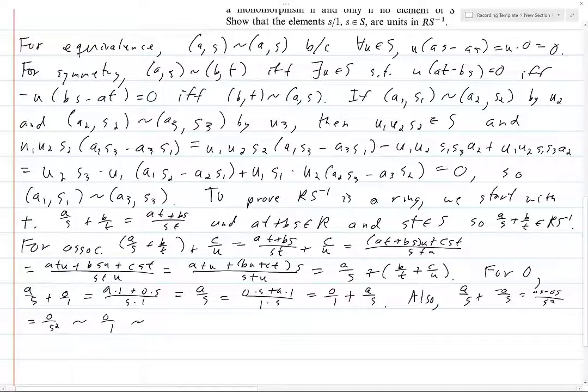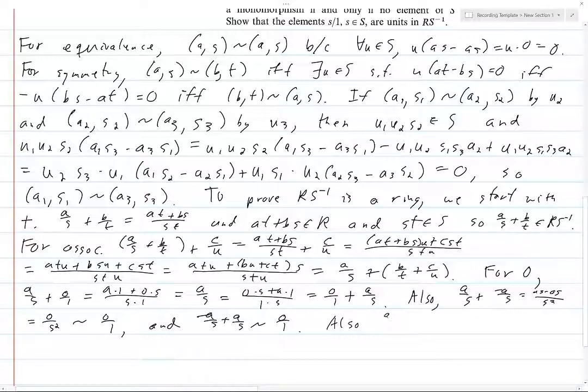And negative A over S plus A over S is equivalent to 0 over 1. That takes care of inverses, and certainly negative A over S is in R S inverse because R is a ring, so it has additive inverses given by negative A.